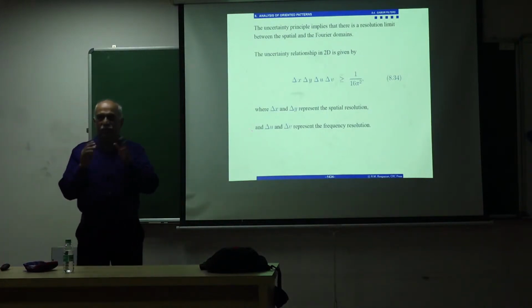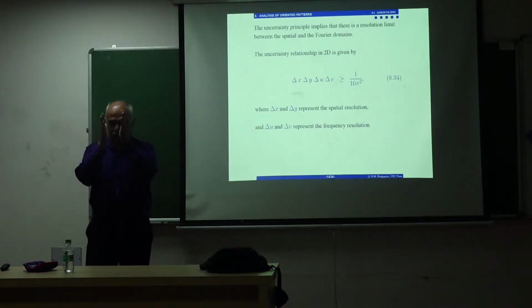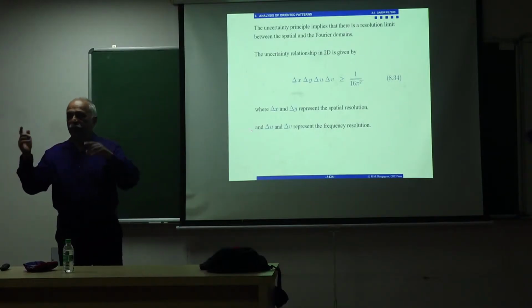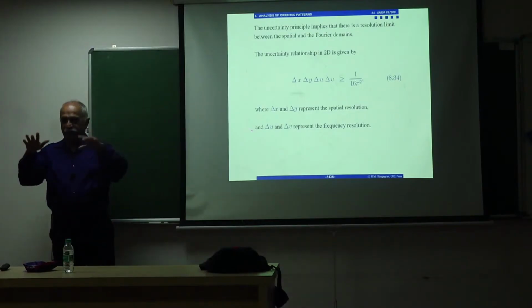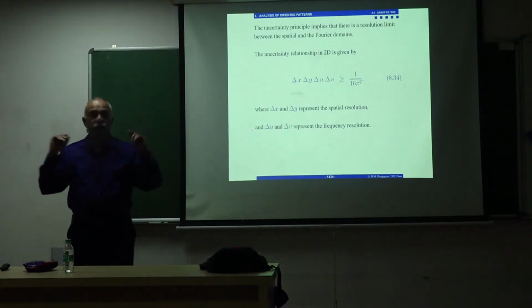In essence, what it means is, if you have a time-limited function, its frequency response or Fourier transform will not be band-limited. A time-limited function is a rectangle function. Its Fourier transform is a sinc function going forever. Not the DFT, but in the continuous domain.